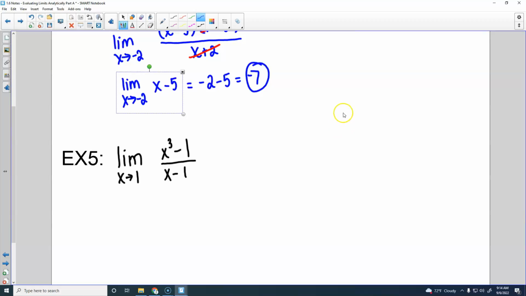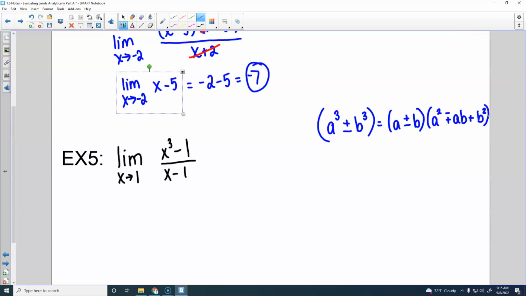So, a cubed plus or minus b cubed. Here. If we factor it, it can be factored into a plus or minus b times a squared minus or plus ab plus b squared.